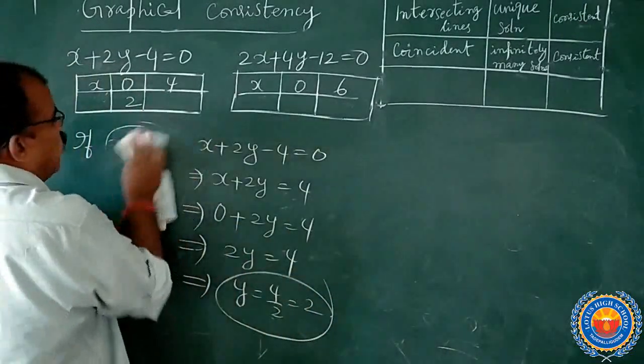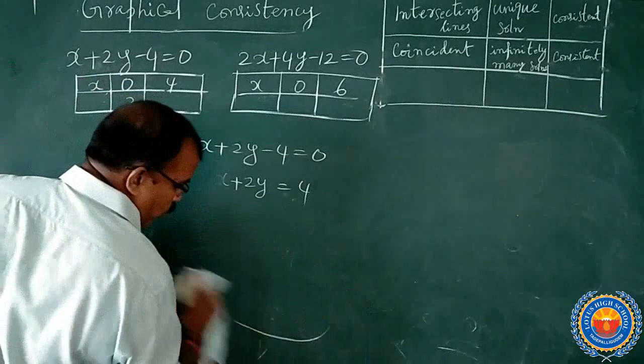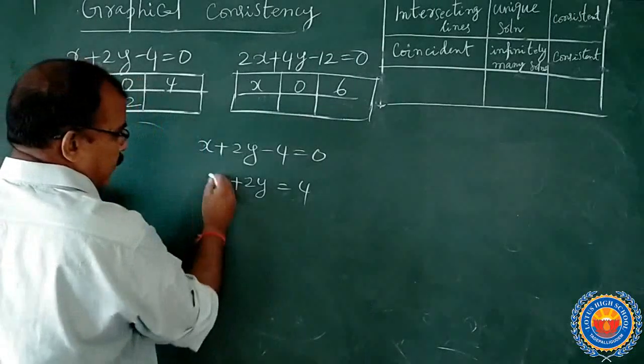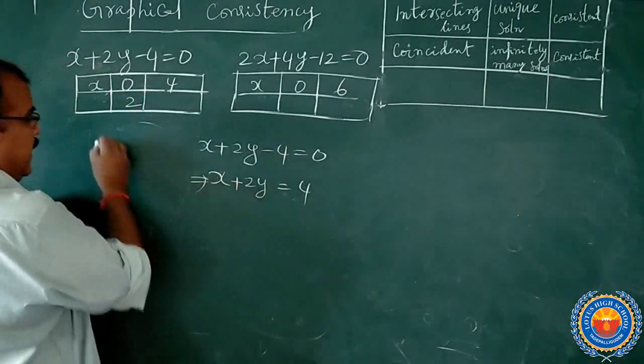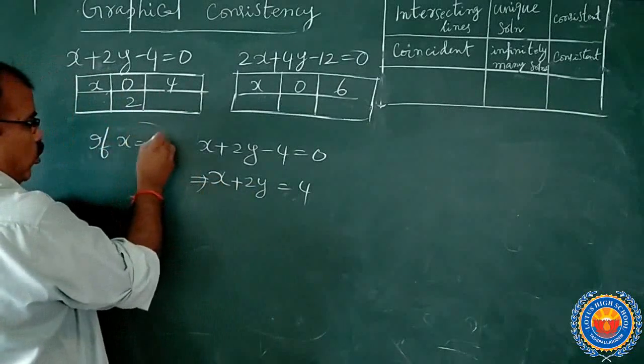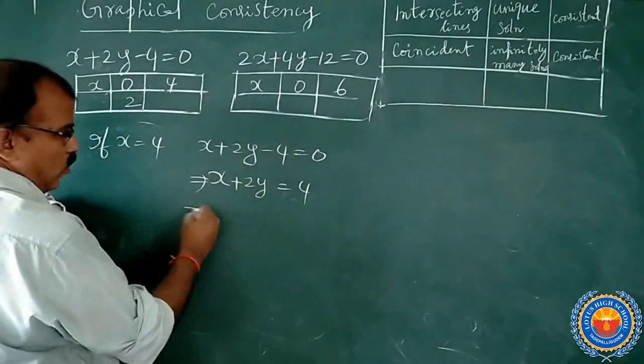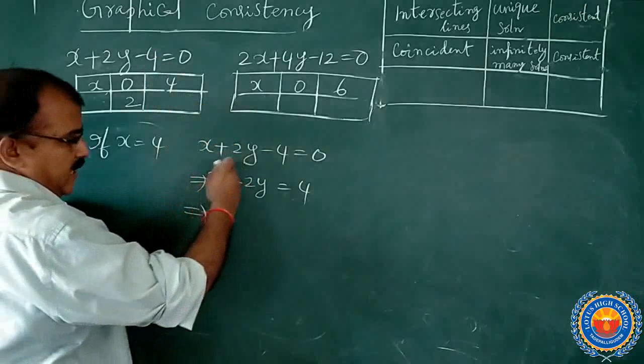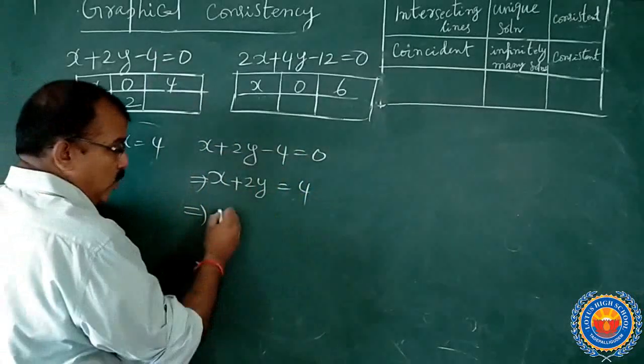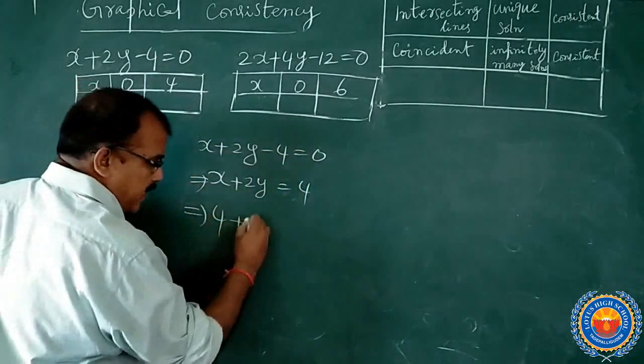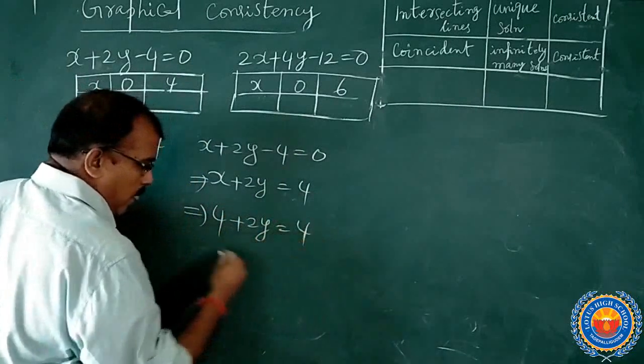Now x is equal to 4. If x is equal to 4, how to find y? Take the equation x plus 2y is equal to 4. With x equal to 4, 4 plus 2y is equal to 4.